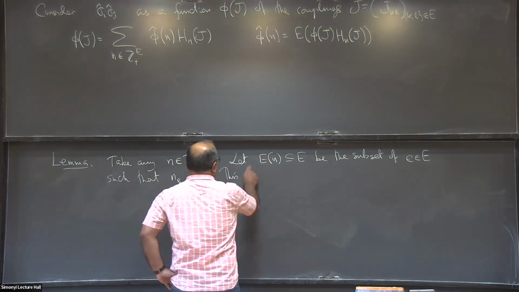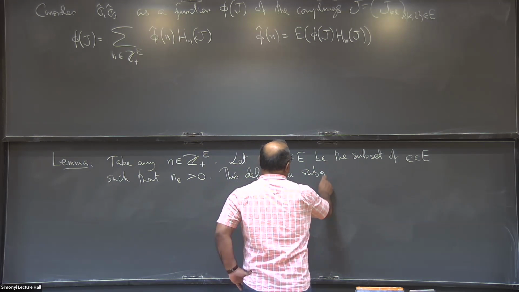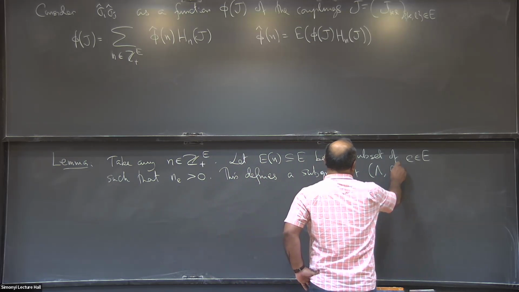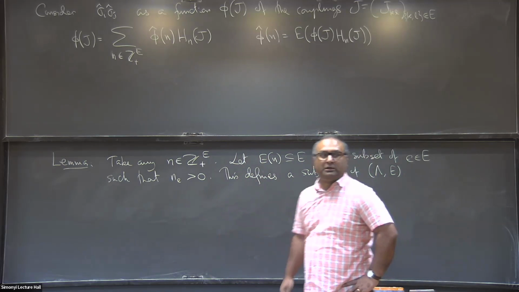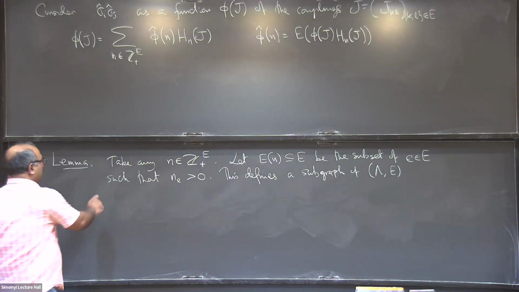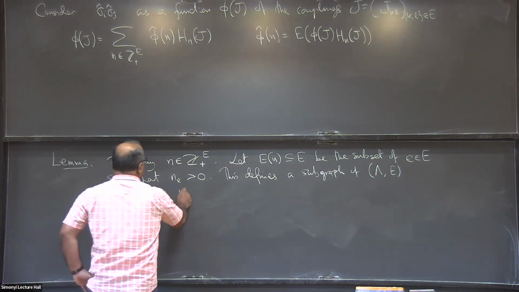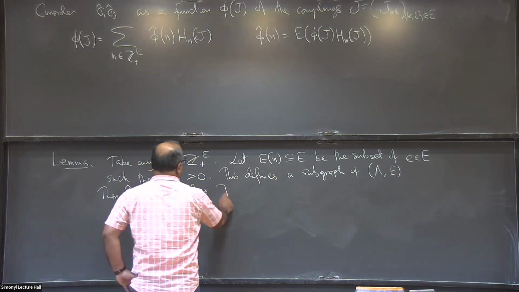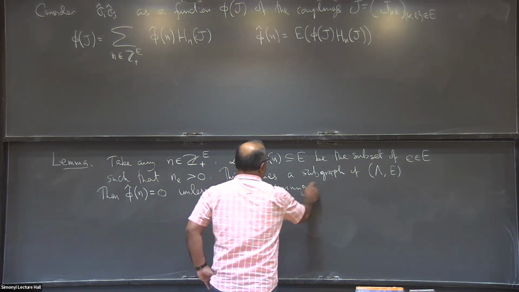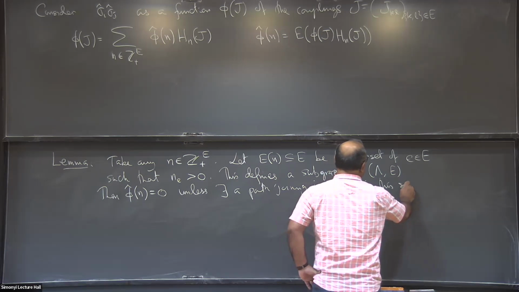This defines a subgraph of lambda, E. So you throw out some edges. You keep just the edges where n_e is positive. Take any index. Then phi hat n is 0 unless there exists a path joining i and j in this subgraph.